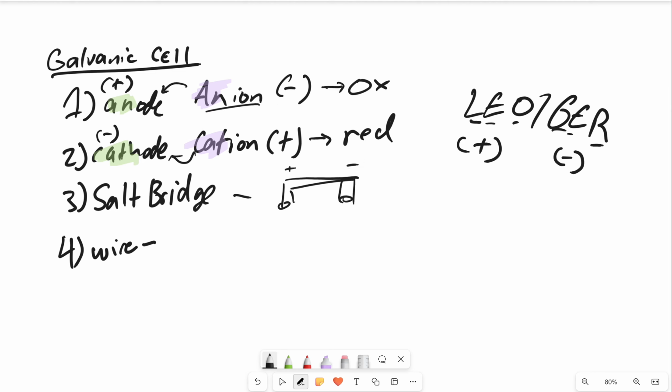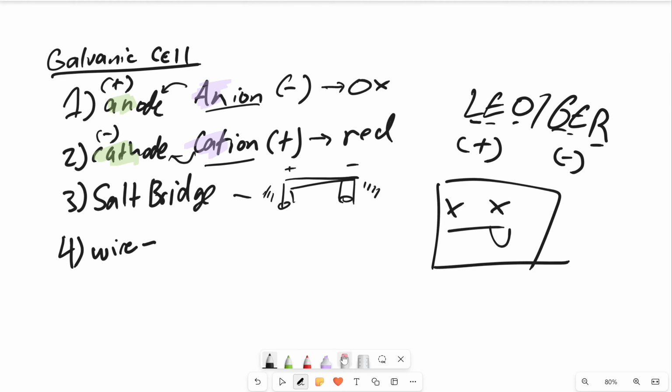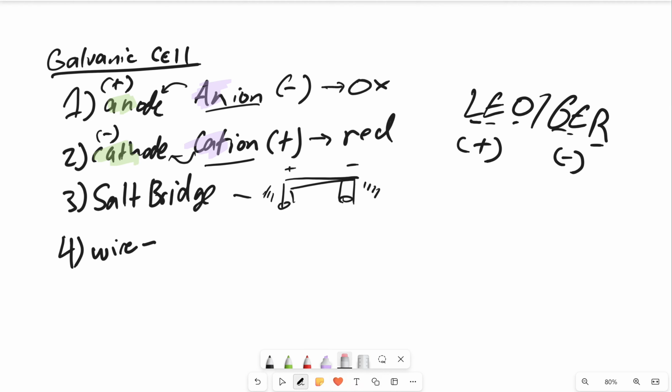Our salt bridge is what gives off the anions and cations to neutralize either side of our battery, and that's super important to do, because if the sides get ionized, if they get super positive and super negative, the battery will just stop working, and yeah, dead phone. No one likes a dead phone.